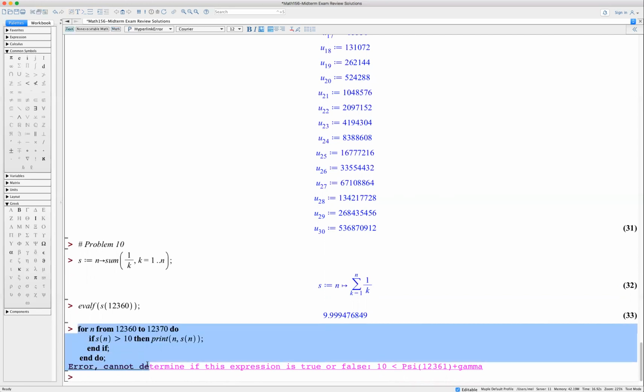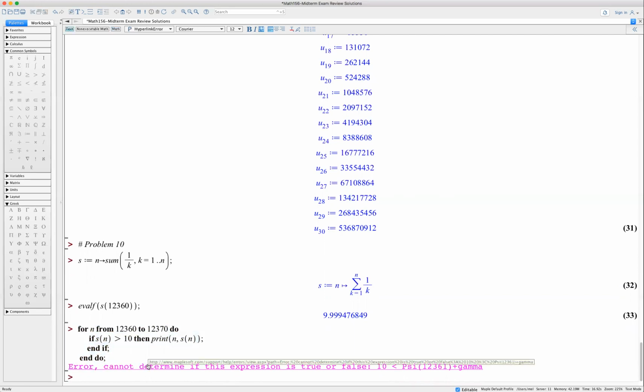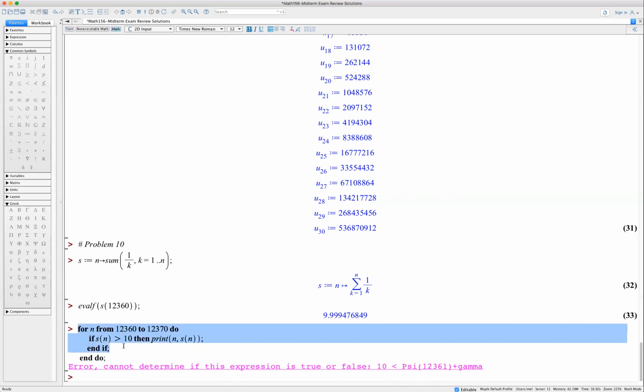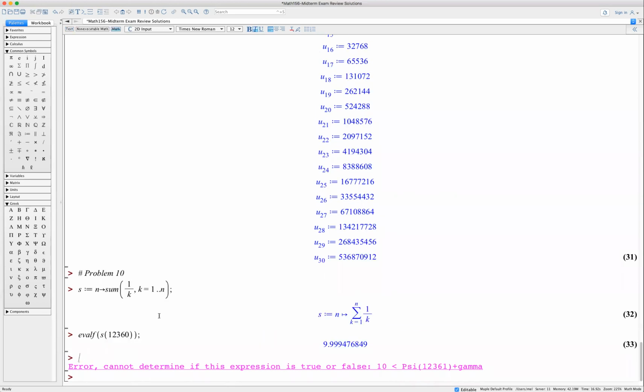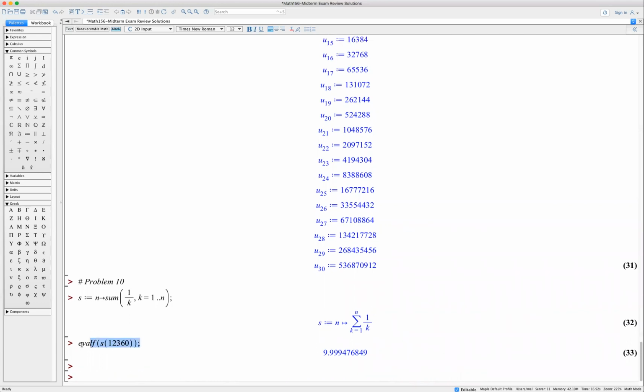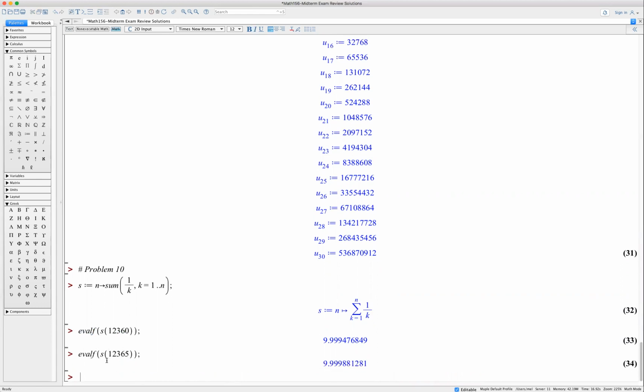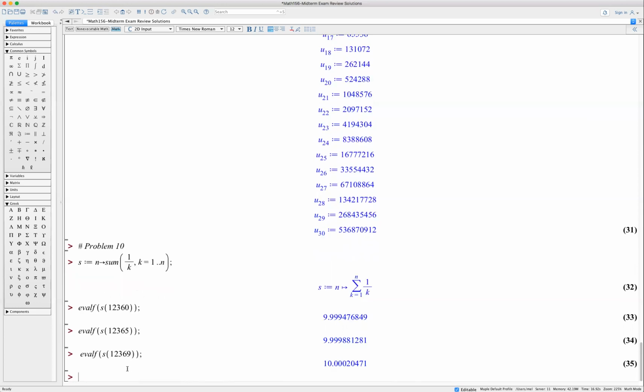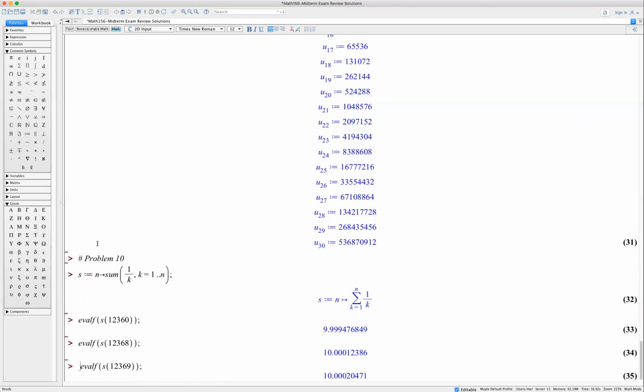So this is too small. Let's go to 12,365. Still too small. What about 12,369? 8?